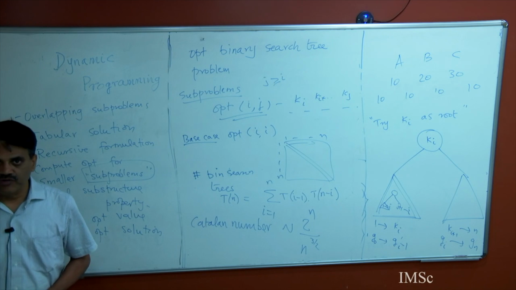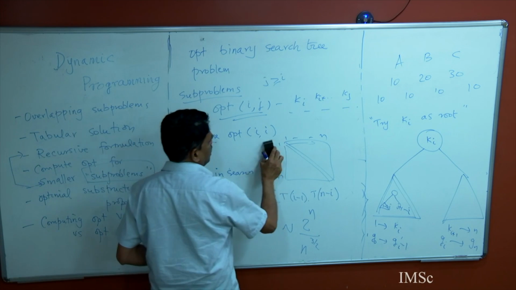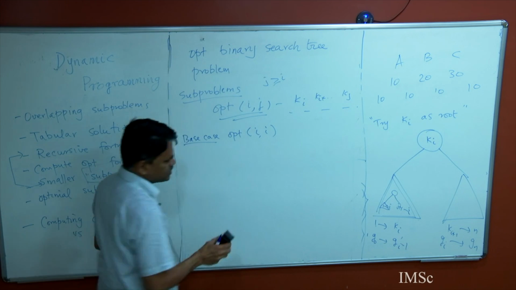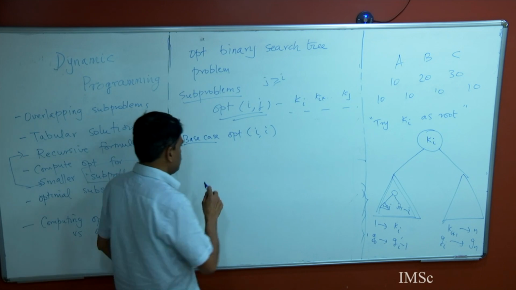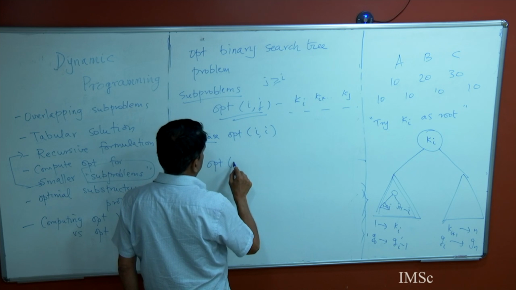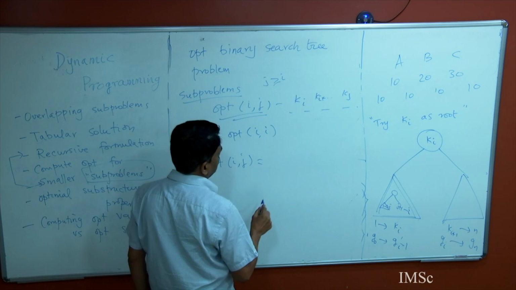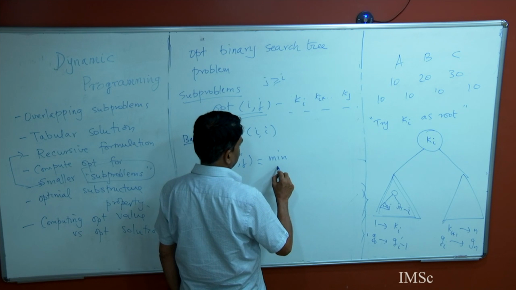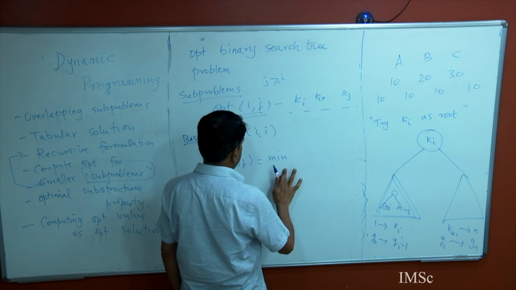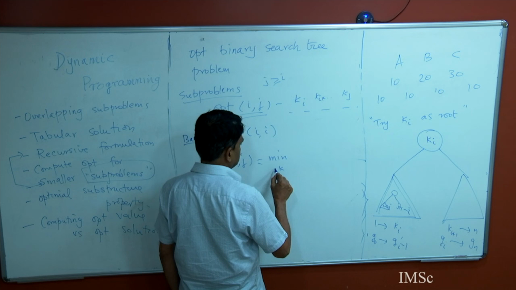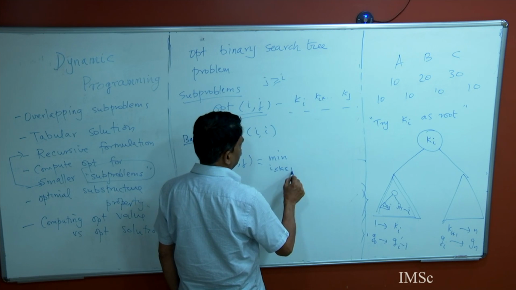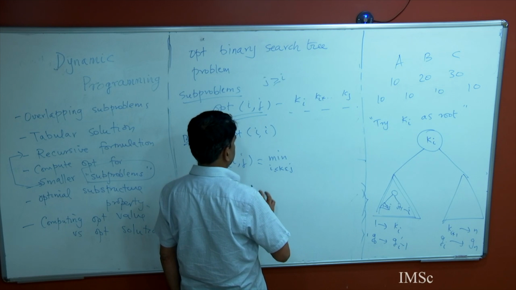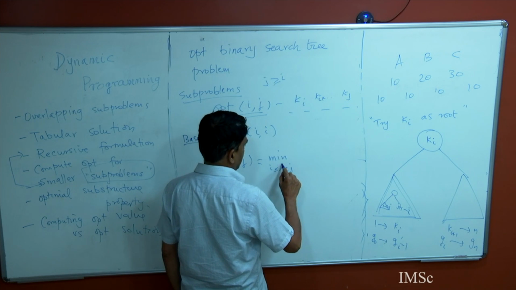and what would be a recursive formulation for opt ij? Let me write a very high level description. So, opt ij, this number would be, you are going to try all possible keys, right, and so these keys are anything from i to j, and let us use l.